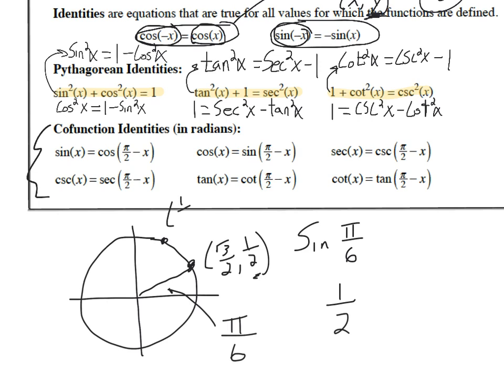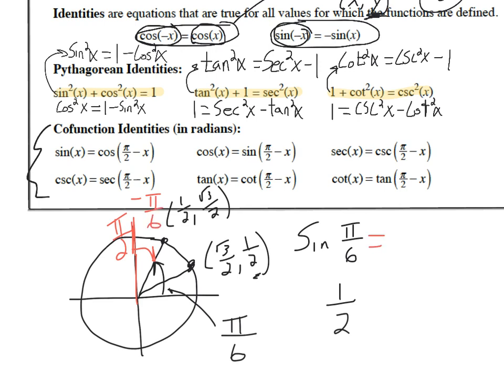This is 1/2, comma, square root 3 over 2. Now this angle right here, we always called pi over 3. But another way to look at it is to take pi over 2, which is right there, and come back a minus pi over 6.